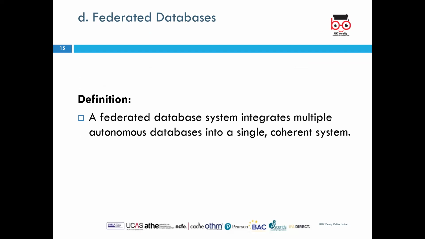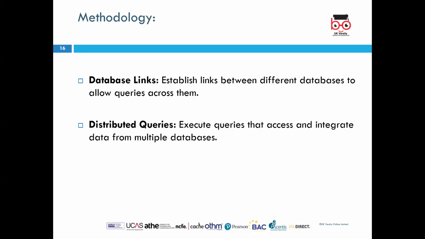Federated database: we can see that a federated database system is going to integrate multiple autonomous databases into a single coherent system. The methodologies involved are database links, where we establish links between different databases to allow queries across them.